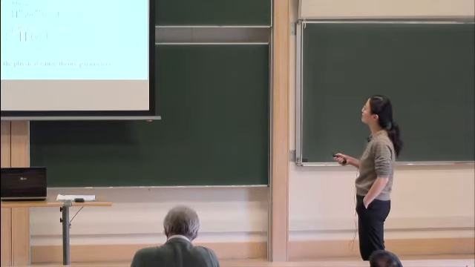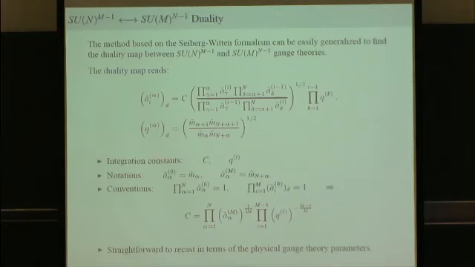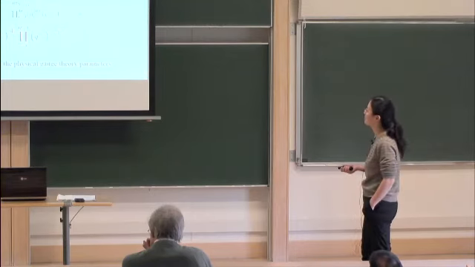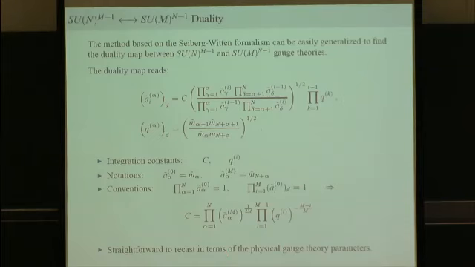So in the end, we find a duality map in this closed form. So here there are the integration constants, C, and so now you have a number of Q's because you have several gauge groups. So this C can be fixed by normalizing your coordinates properly.